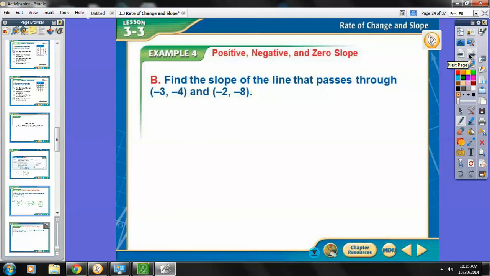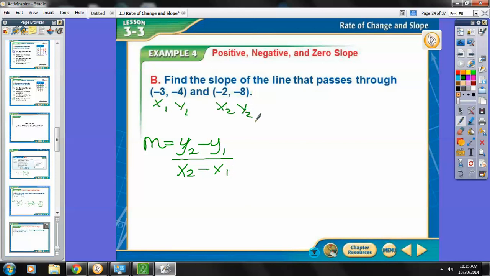Here's our second set of ordered pairs: (-3, -4) and (-2, -8). Again, they're asking us to find the slope, so we're going to use our slope formula. We have x sub 1 and y sub 1, x sub 2 and y sub 2.